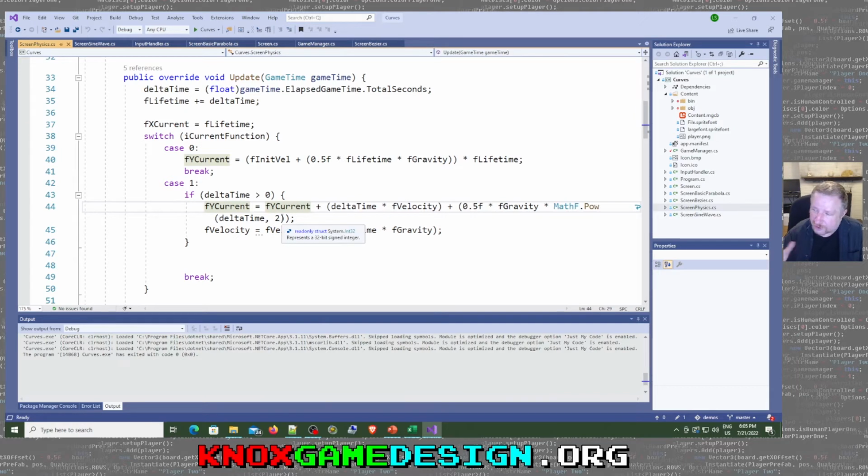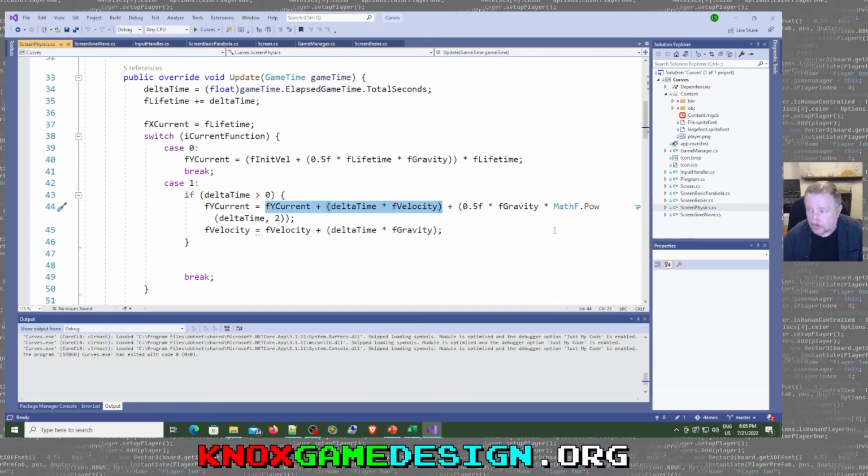And that's to get a perfectly physics-based position. Like I said, most games you probably just want to do delta time times velocity, unless you need that physically accurate value. You could just do y current equals delta time plus velocity.